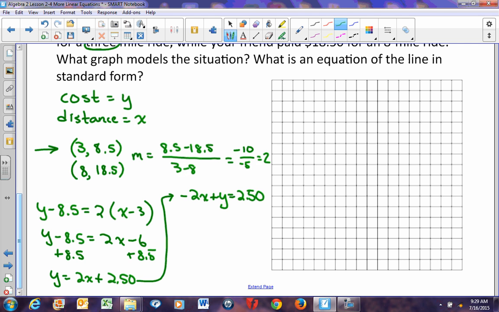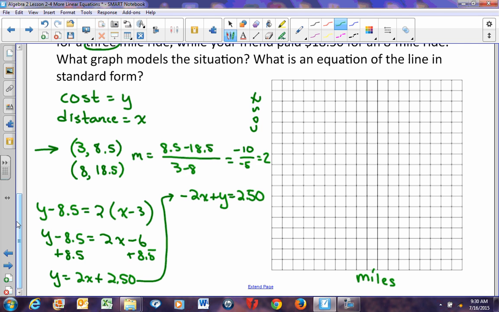If we're going to graph this, the first thing I need to do is label my graph. Here, this will be miles, or distance. This would be cost. I'm going to graph by ones, and I'm going to graph using the slope-intercept form.